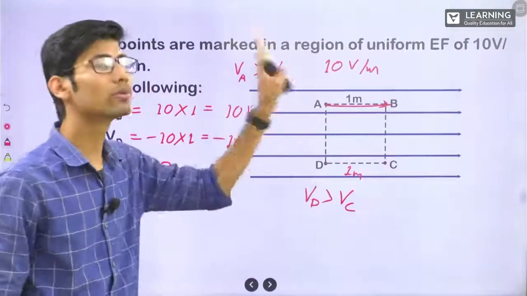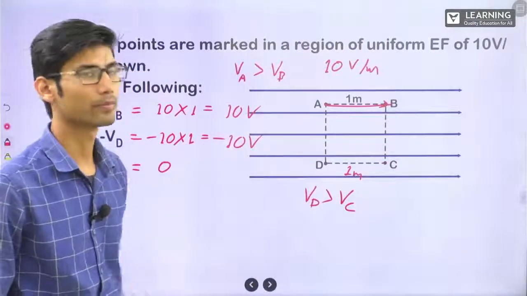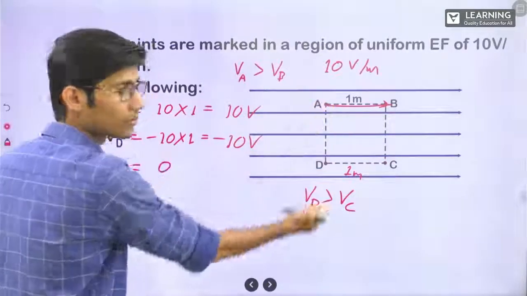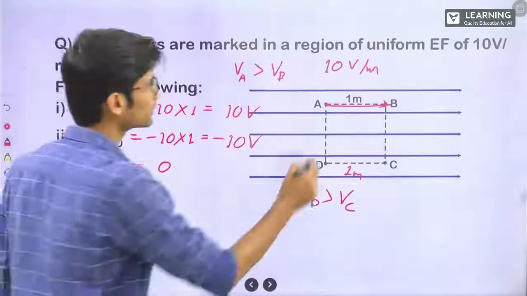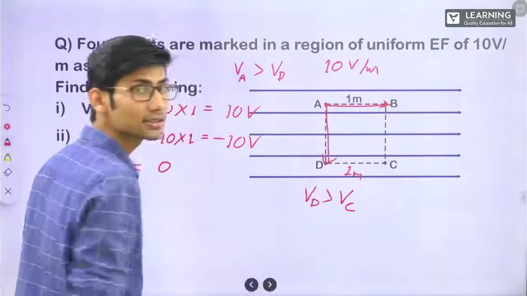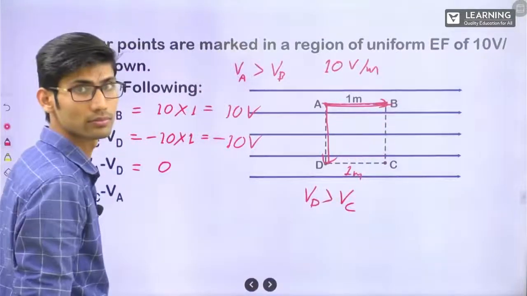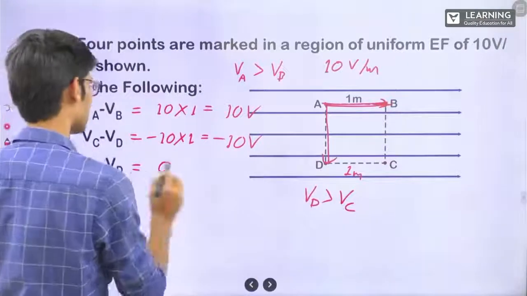If this is a plane, equipotential surface, so this line is perpendicular to the electric field. It has to be 0, or you can understand this way, delta x is 0. Delta x is 0 means from here to here, we are seeing perpendicular to the electric field, in the direction of electric field.